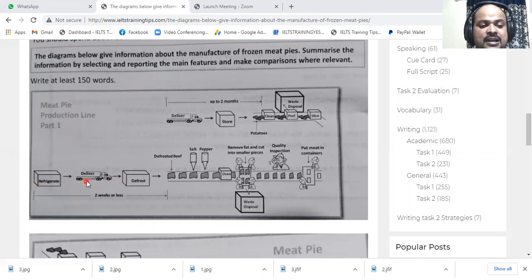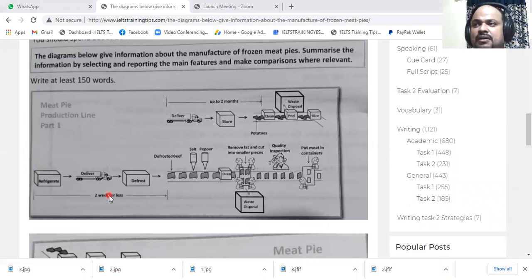Refrigerated beef is delivered to the unit, and it is defrosted. So we have to see one more thing, 2 weeks or less. So we take the beef not older than 2 weeks after the slaughtering occurs.